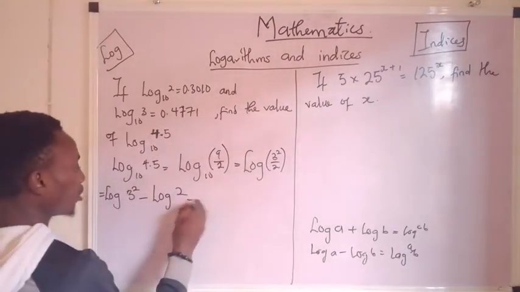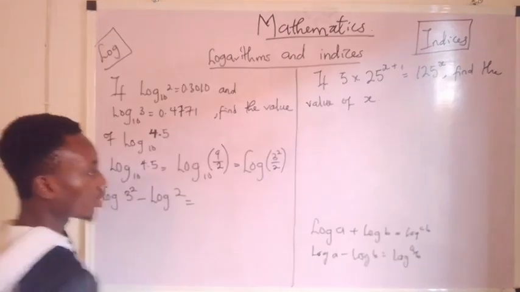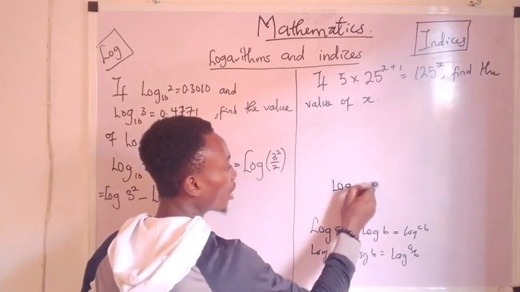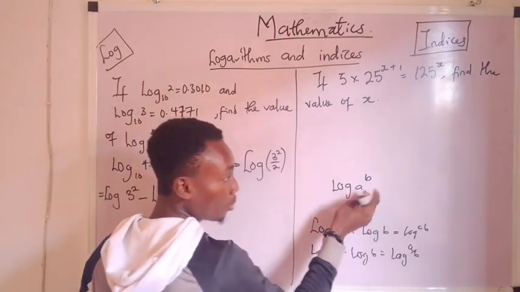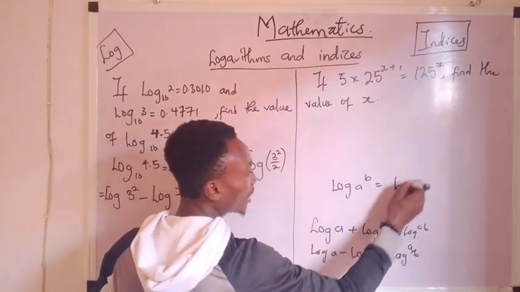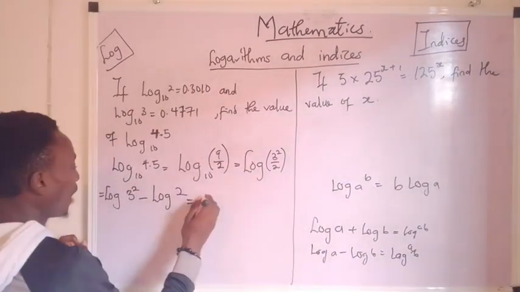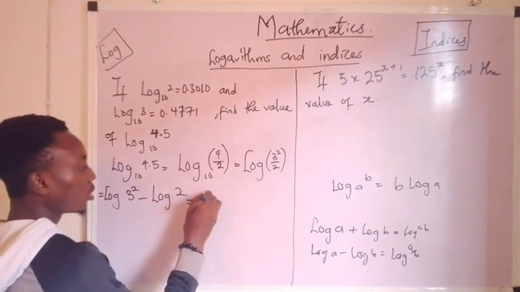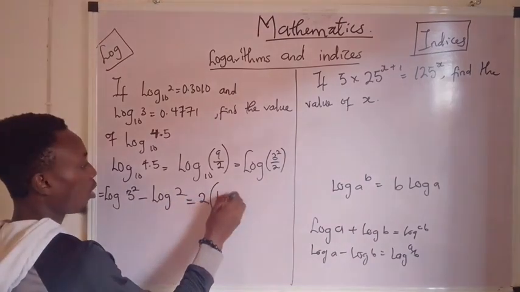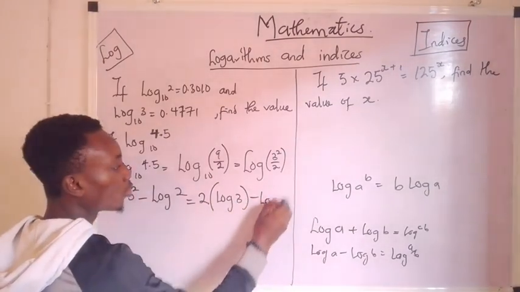And now, another law of logarithm that states that log a raised to power b, not b as the base value, is equal to b times log a. Now if you apply it here, this one will become 2 times log 3 minus log 2.